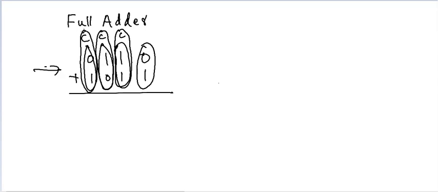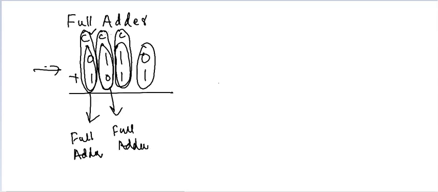What we should understand now is that for each of these we need a full adder. So we need a full adder circuit to add these 3 bits. We need another full adder circuit to add these 3 bits, and we need another full adder circuit to add these 3 bits.